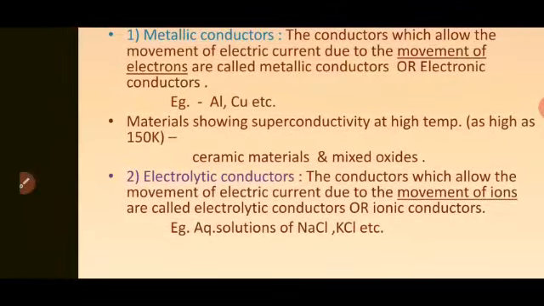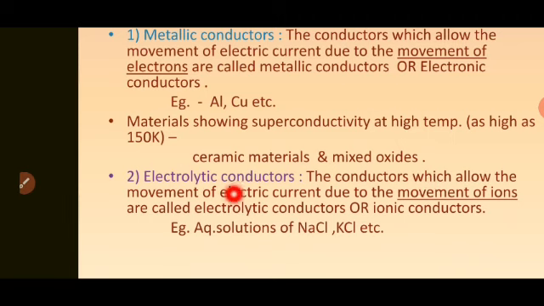Now what is the second type of conductors? That is electrolytic conductors. The conductors which allow the movement of electric current due to the movement of ions. Remember, here is the difference: in metallic conductors, movement of electrons takes place, whereas in electrolytic conductors, movement of ions takes place. They are called electrolytic conductors or ionic conductors.